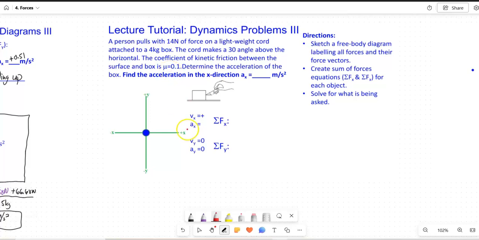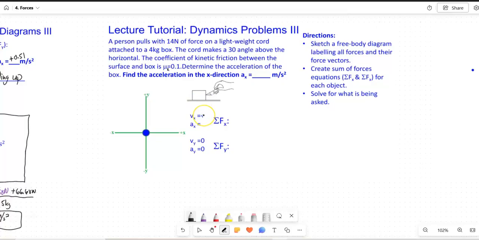Kinetic friction, that means it's going to be moving, and this probably should have a K here, and 0.1. And we're supposed to figure out the acceleration of the box. Okay. And it looks like it's not moving or accelerating in the y direction. All right. So let's go ahead and figure this out.